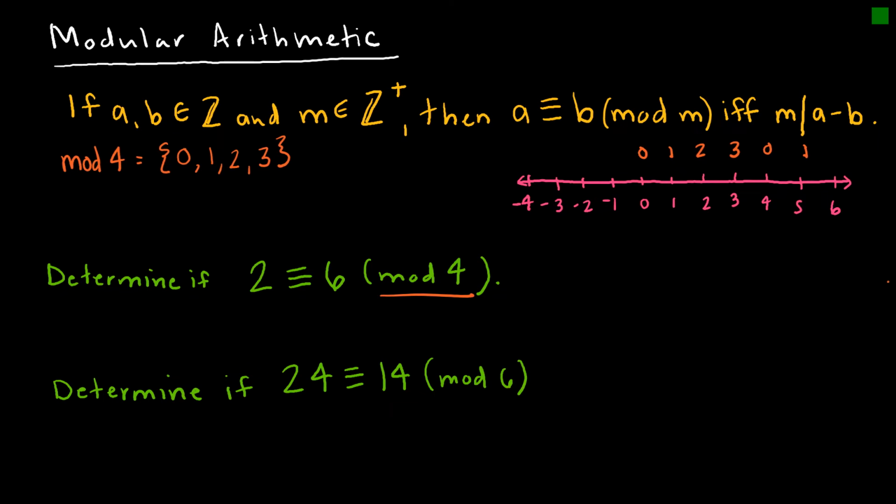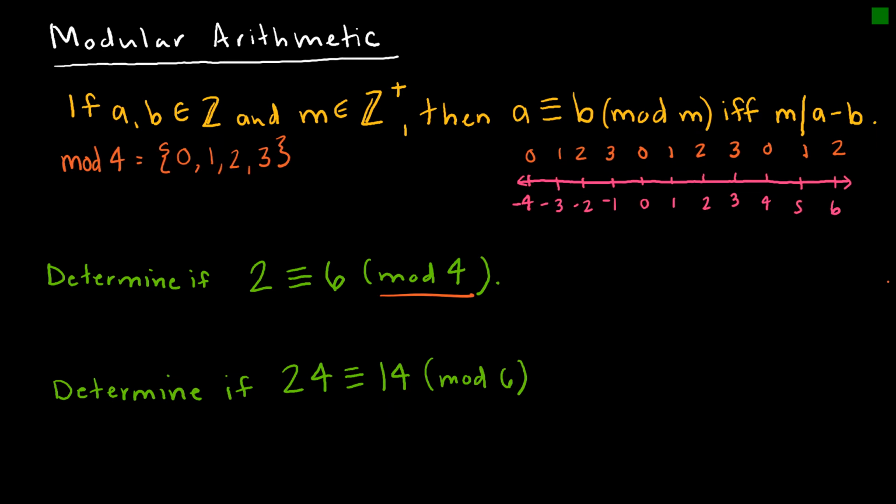And 6 divided by 4 has a remainder of 2. Similarly, we could go in the opposite direction, where negative 1 would actually be negative 4 divided by 4 with a remainder of 3, and then 2, and then 1, and then 0, etc.